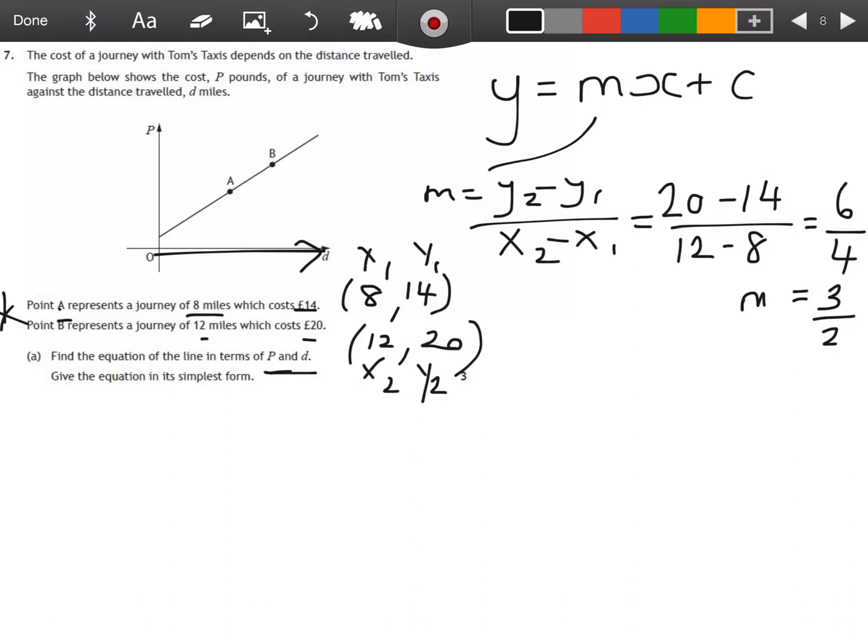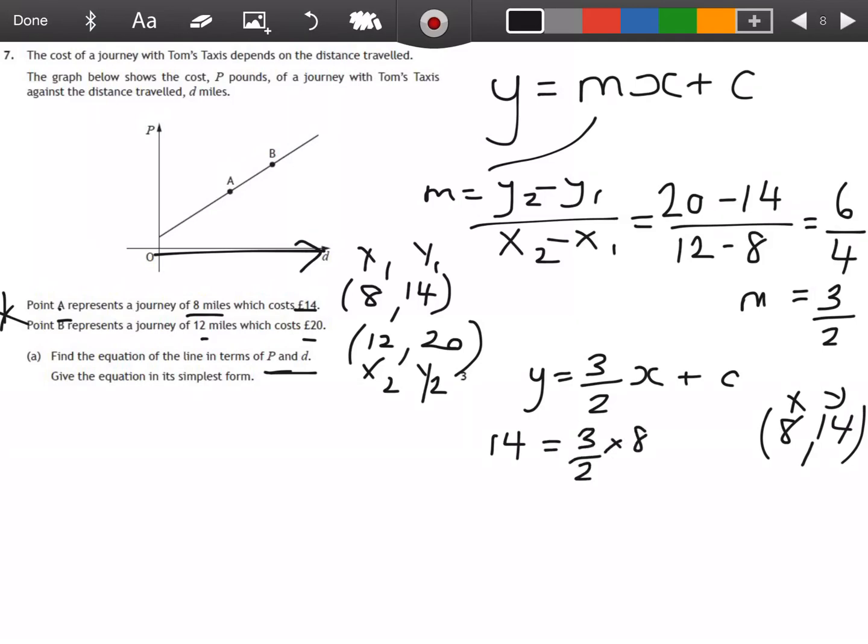To get the c value, what I'm going to write down is the equation y equals 3 over 2x plus c. Okay, and I'm going to sub in one of the coordinates that we've been given. We know 8, 14. I'm going to sub that as my x, and that's my y. So 14 is equal to 3 over 2 times 8 plus c. 14 therefore is equal to 3 over 2 times 8.